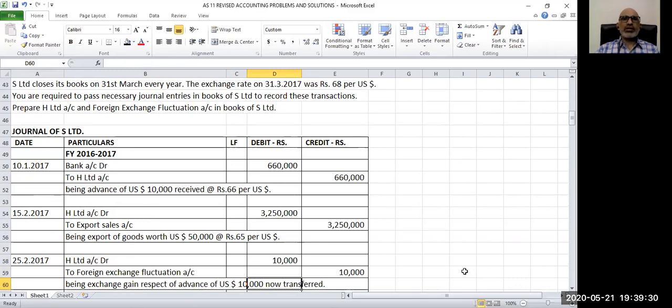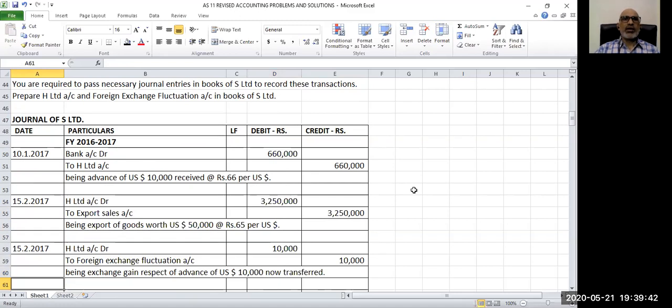Now moving further, on this date, 15 February 2017, we have to record one more entry as well. What is this entry for? When we received the advance, the dollar rate was 66. And when the export sale was recorded, the dollar rate is 65. There is a rate differential of 1 rupee per dollar.